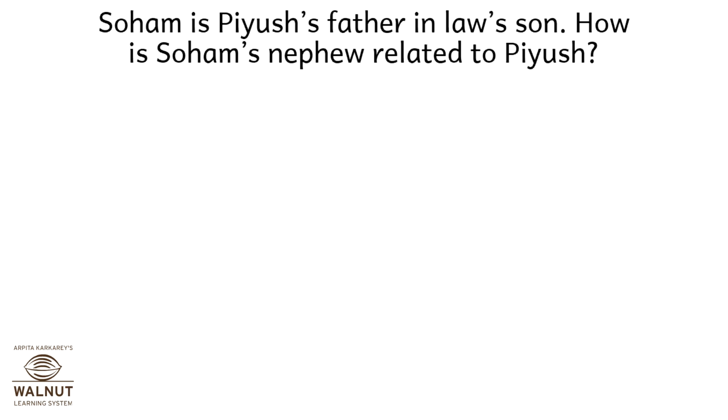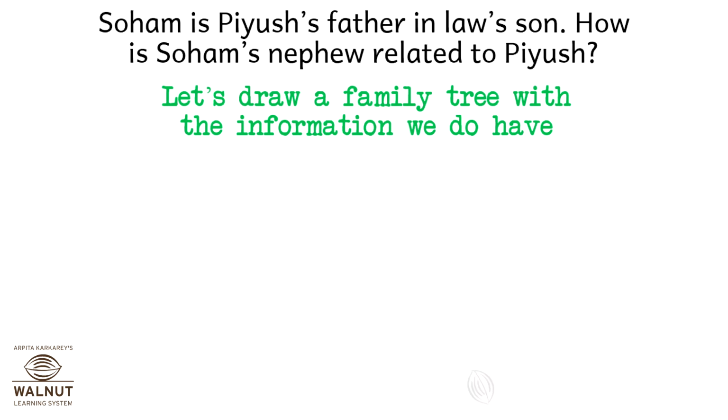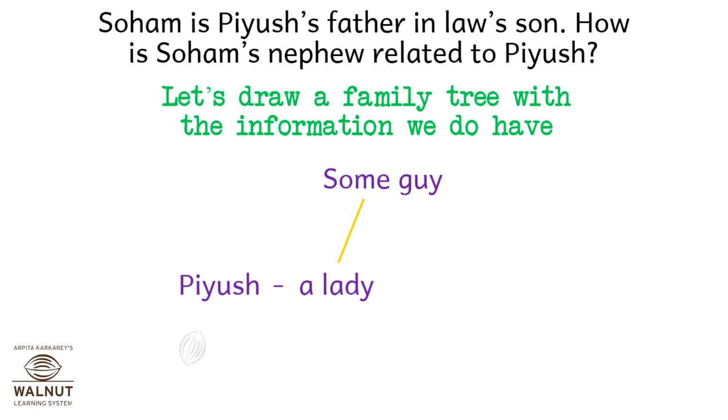Soham is Piyush's father-in-law's son. How is Soham's nephew related to Piyush? Let's draw a family tree with the information that we have. We write Piyush, who is married to a lady whose father is Piyush's father-in-law, and Piyush's father-in-law has a son named Soham.